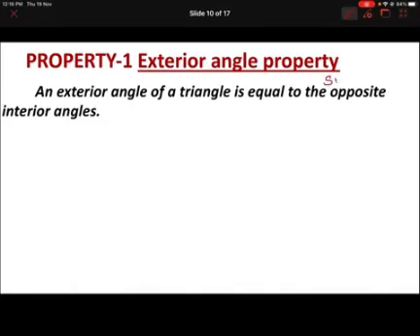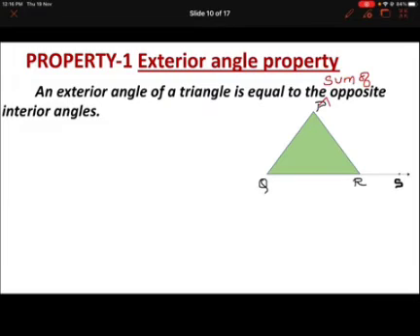Equal to the sum of the opposite interior angles. Okay? Now, that is the triangle PQR. See where it is extended.